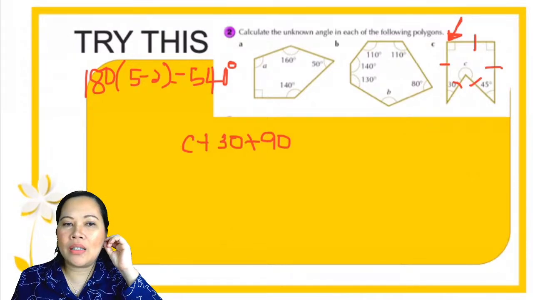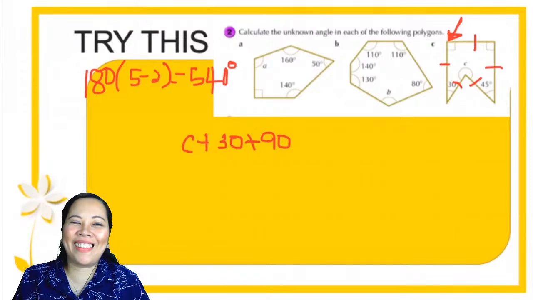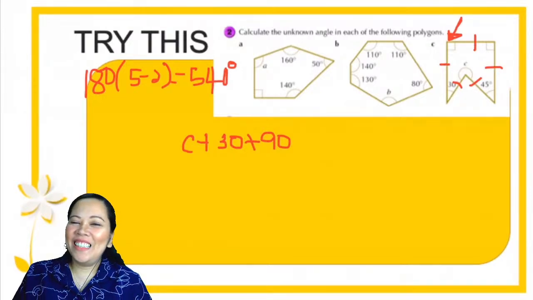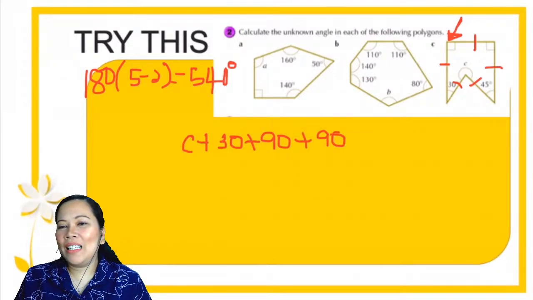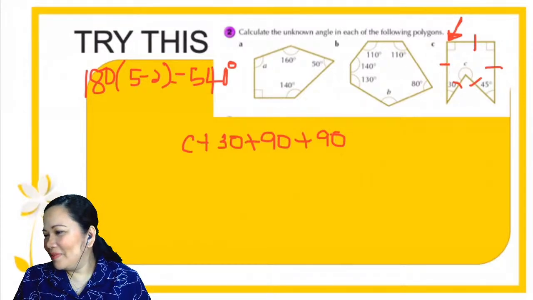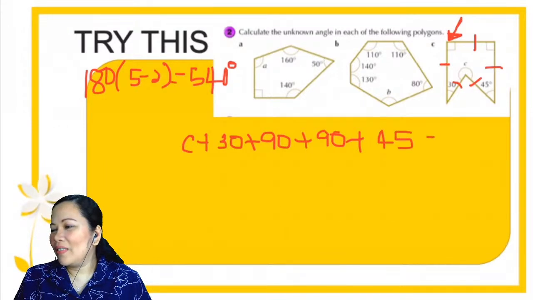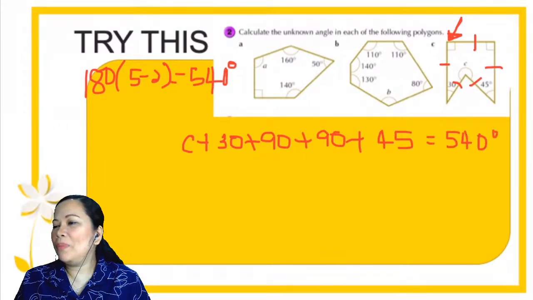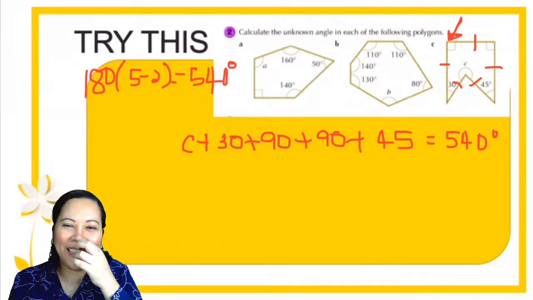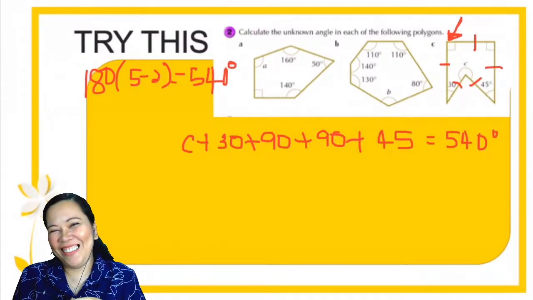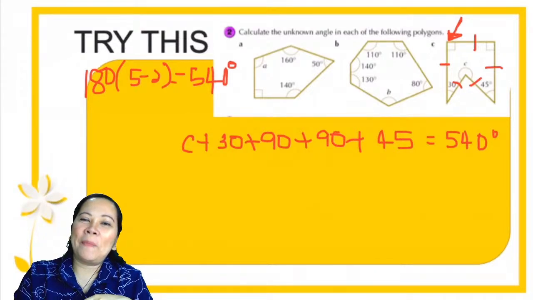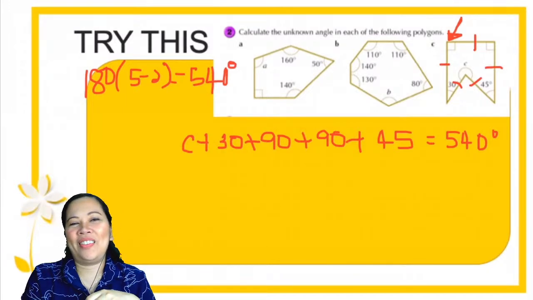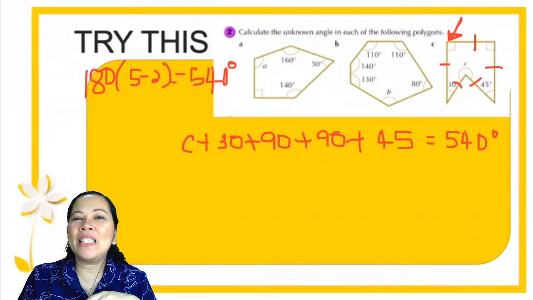Heptagon is 7 sides. What is a 5-sided polygon? 5 means pen.